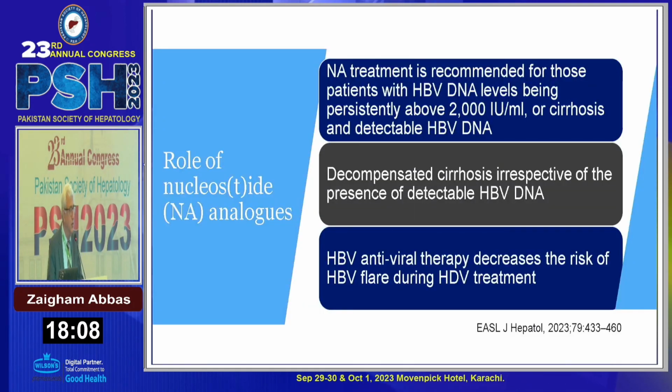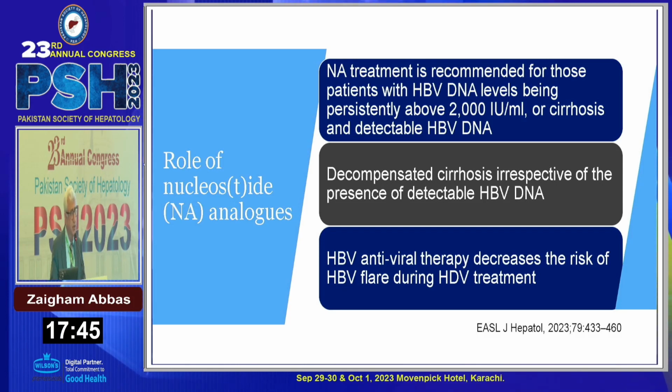So, what is the role of nucleoside analogs in the setting of delta hepatitis? These drugs are recommended for patients who have the delta virus but their HBV DNA is persistently elevated, more than 2000, or with any level of HBV DNA in patients who have cirrhosis of the liver.